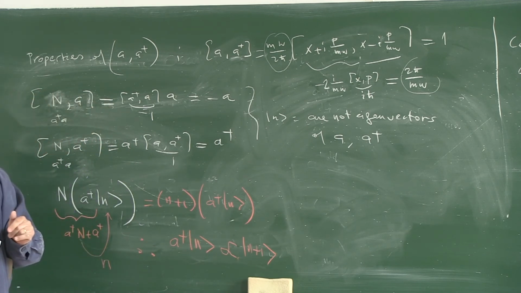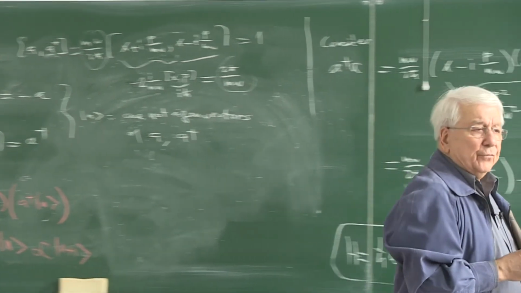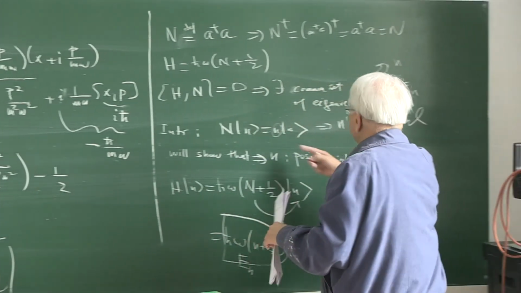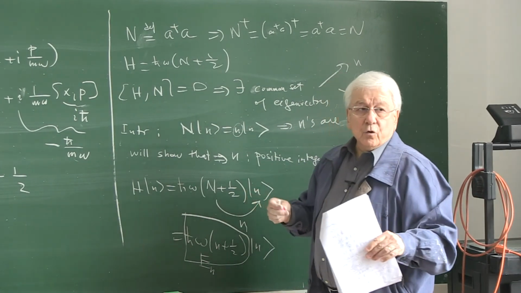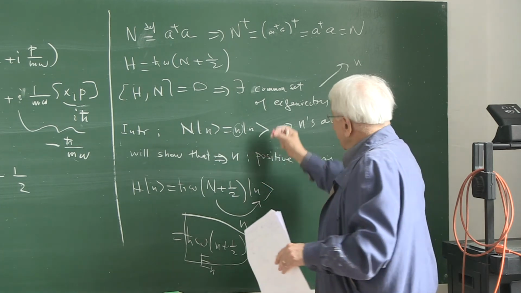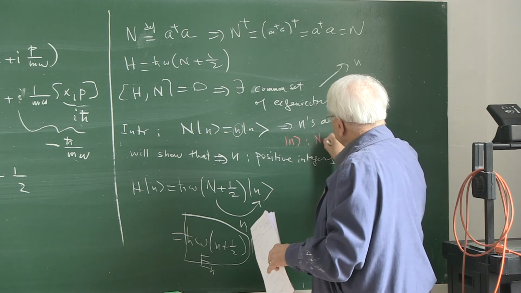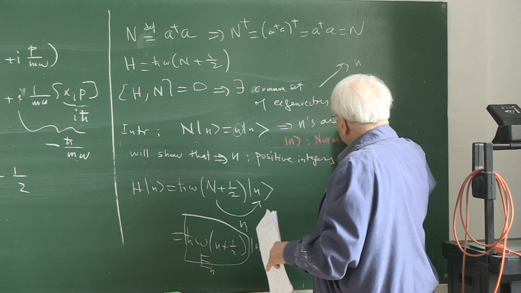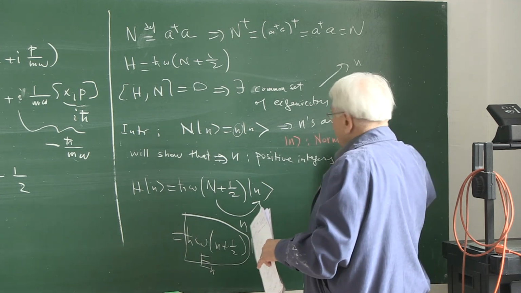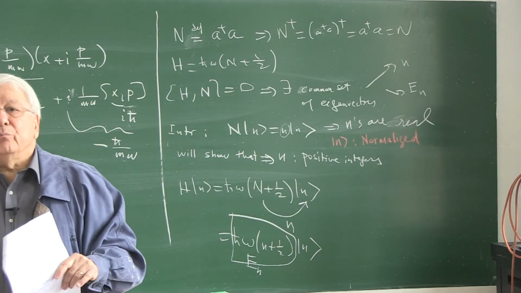And how do I write it as an equality? Well, if I start with the normalized eigenvectors, I have to ensure that we introduce a normalization constant. The n's are introduced as normalized eigenvectors. Right? You introduce that normalization by hand from the beginning.